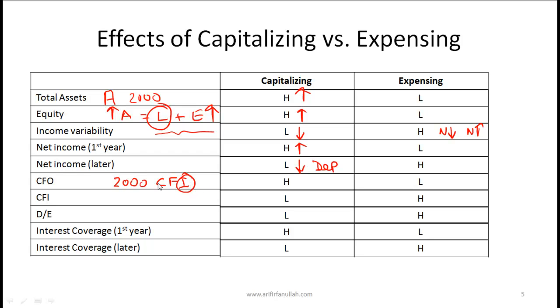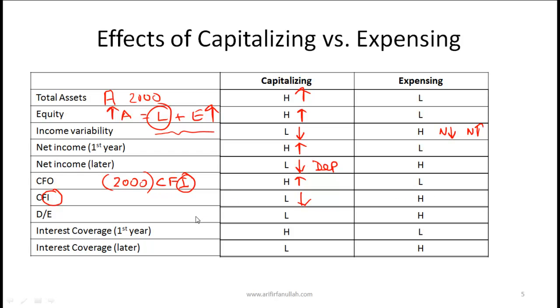So this 2,000 is reducing CFI, it's not impacting CFO, and that's why for the capitalizing firm the cash flow from operations will be higher, because this 2,000 cash outflow is shown in CFI, under the investing section. Hence for the capitalizing firm the cash flow from investment will be lower relative to the expensing firm.